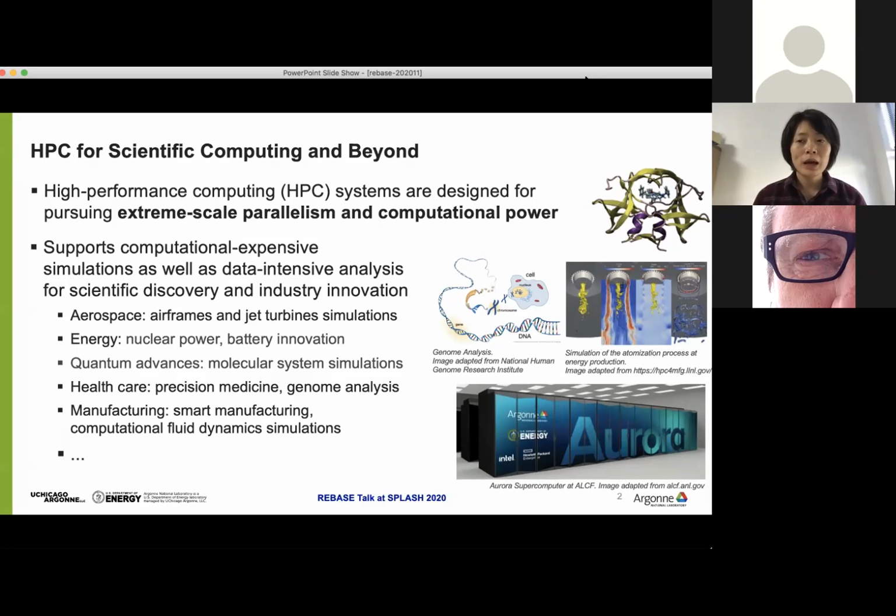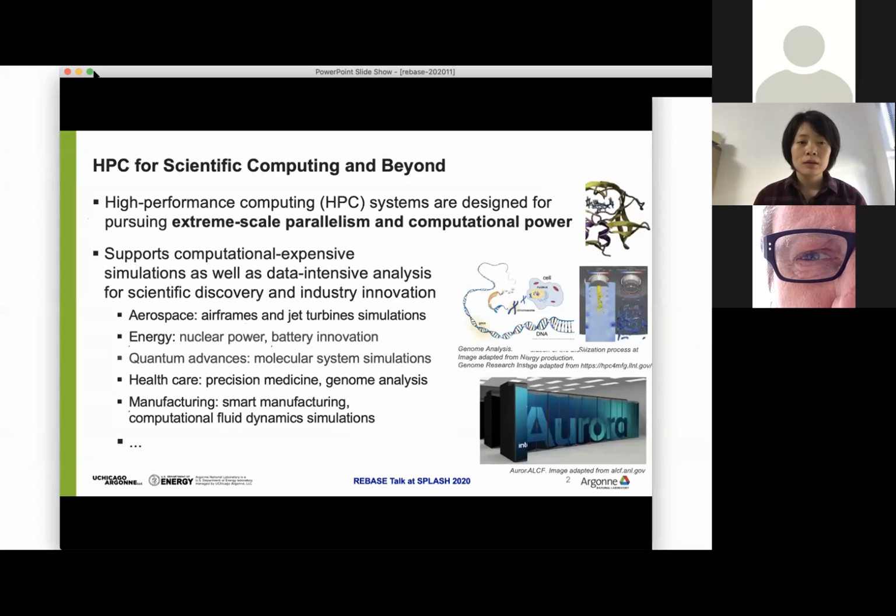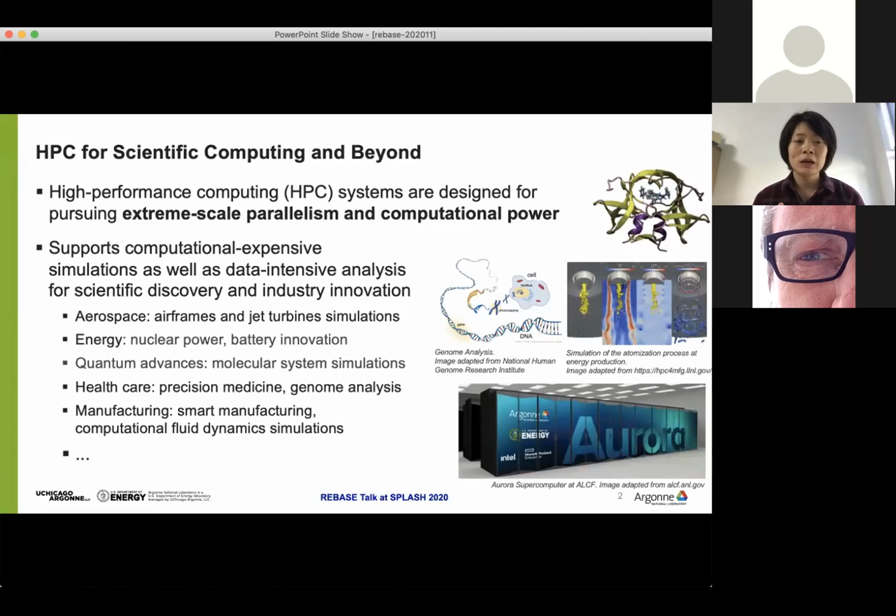We have HPC systems, which are traditionally designed for scientific computing applications. That's why their customer base is just a small group.